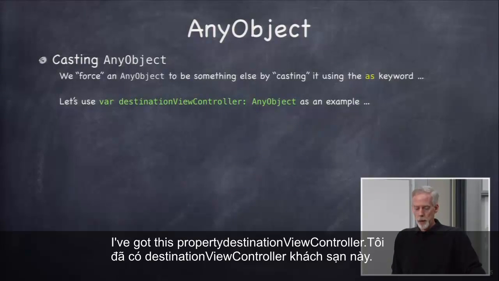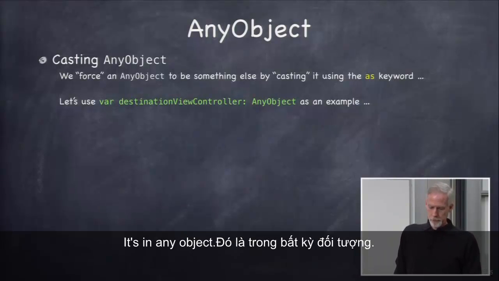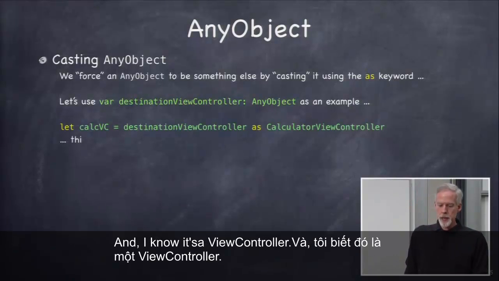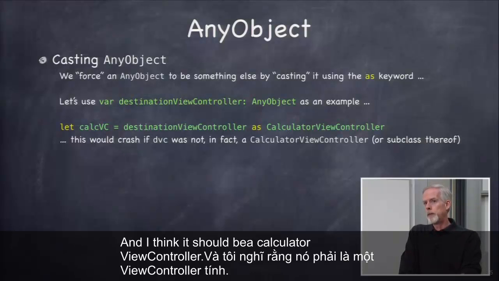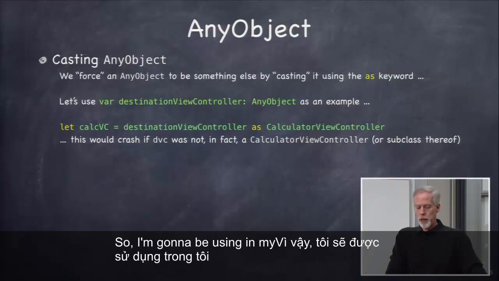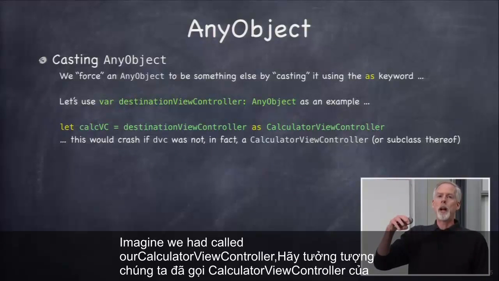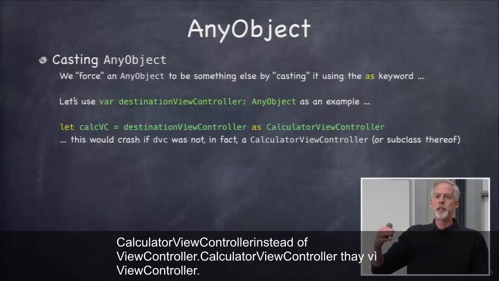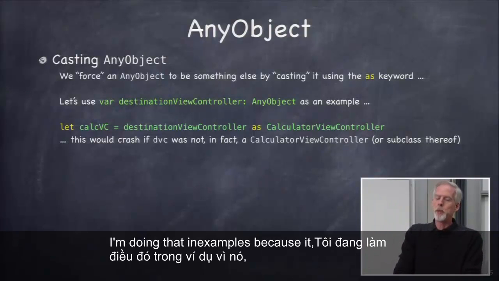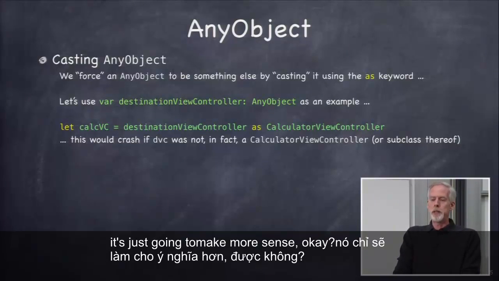I've got this property, destination view controller. It's an any object. And I know it's a view controller, and I think it should be a calculator view controller. So I'm going to be using calculator view controller in my examples. Imagine we had called our calculator view controller instead of view controller. I'm doing that in the examples because it's just going to make more sense, okay?